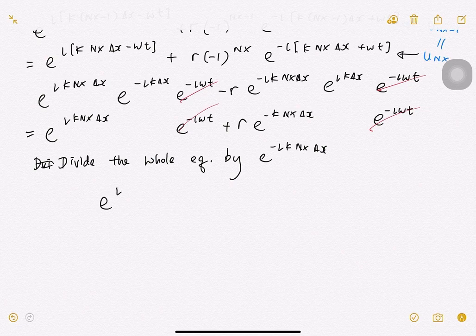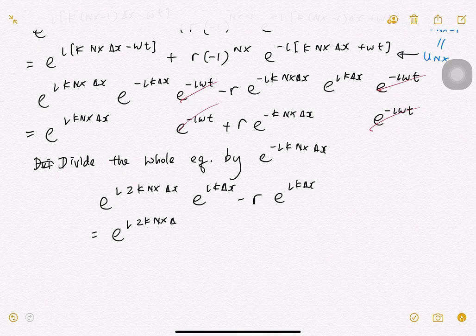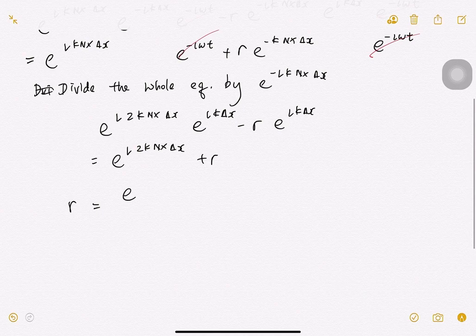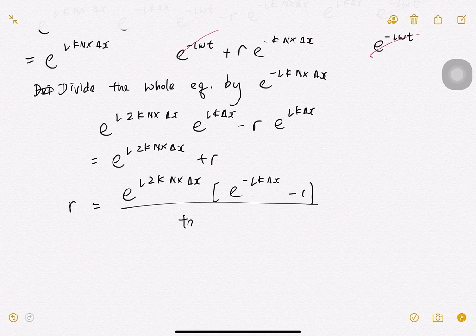Okay, and then what we can get is e^(iota 2k Nx delta x) e^(iota k delta x) minus R e^(iota k delta x) equals e^(iota 2k Nx delta x) plus R. Then we can take out R, the value of R: e to the power of iota 2k Nx delta x, e to the power of minus iota k delta x minus 1, over 1 plus e to the power of iota k delta x.